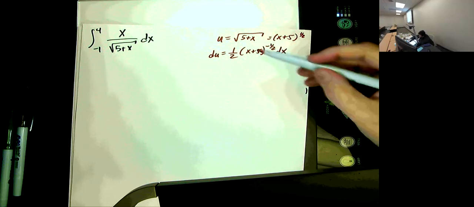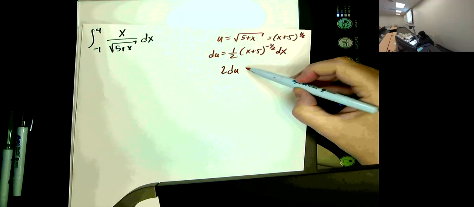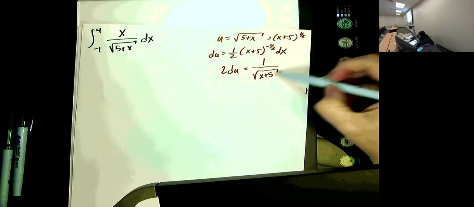It might, not as I intended though, but we've got 2 du equals 1 over the square root of x plus 5 dx.